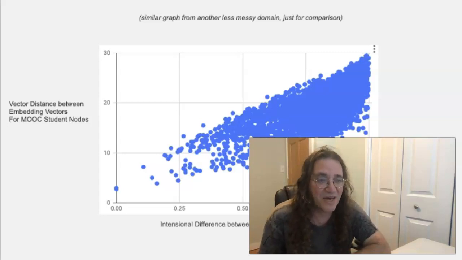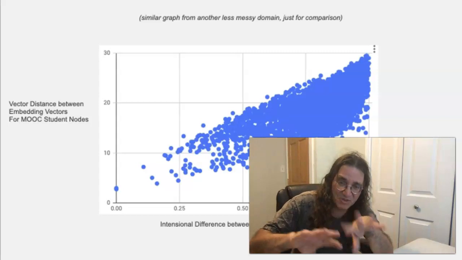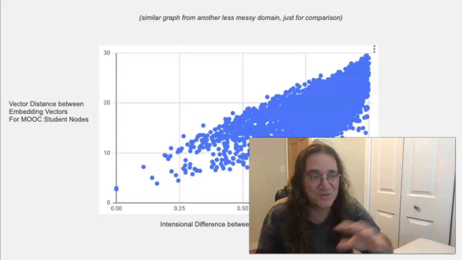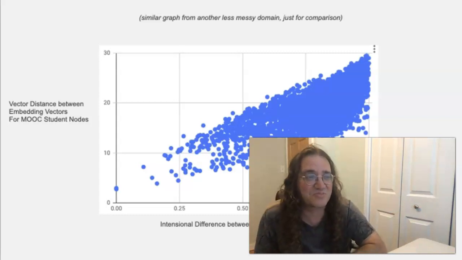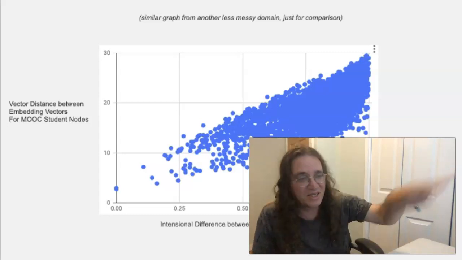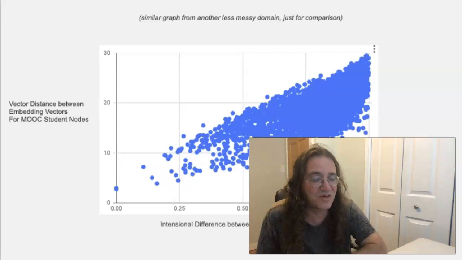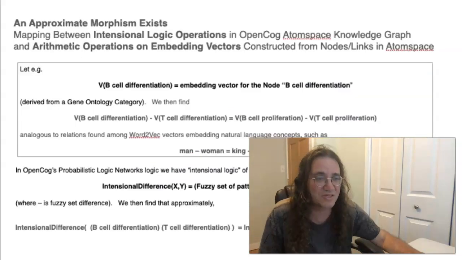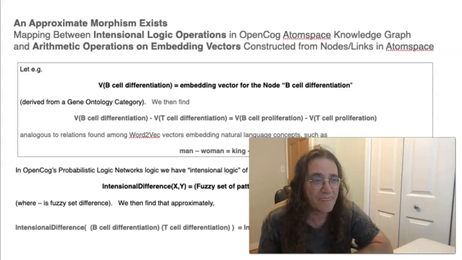So the fact that on a crisper, less messy atom space, which is also of less fundamental interest, you get a nicer correlation between vector distance and logical distance, that gives us some faith that the rough correlation we see in the biology atom space is not just noise.